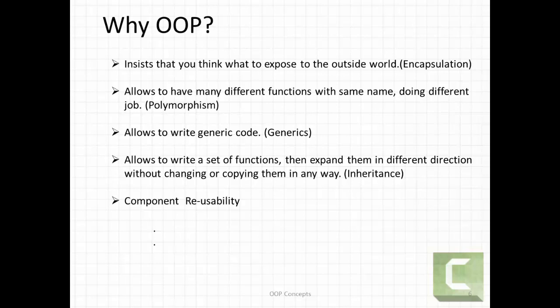It also allows many different functions with the same name doing different jobs. Suppose you have an add method which takes many kinds of parameters, such as strings, float values, or double values. Adding two strings means concatenating them. Suppose the first parameter is Shiv and the second is Prasad, and you concatenate them, you will get Shiv Prasad.